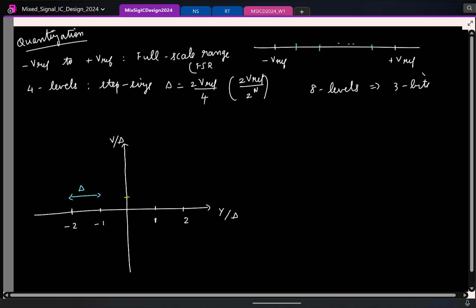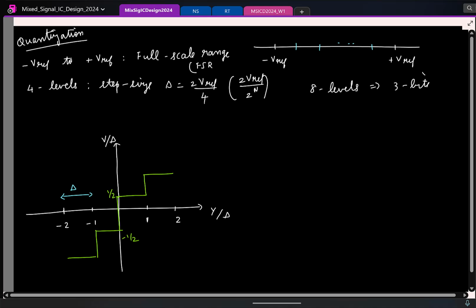So this is half. Similarly, anything between 1 and 2, I'll round it off to 1.5, that's basically 3 by 2. Similarly, identical stuff happens on the negative side, right? So this is minus half. Okay. Cool.